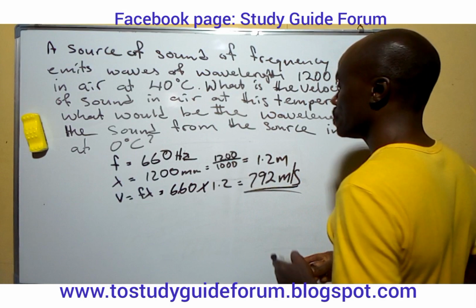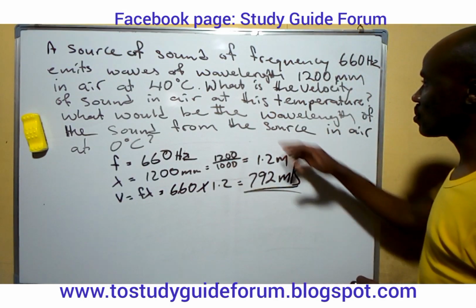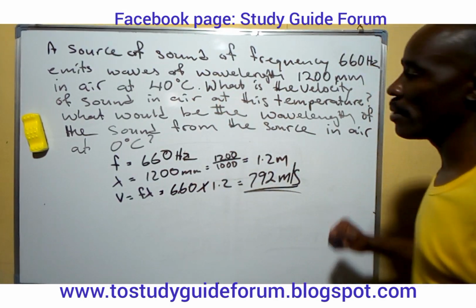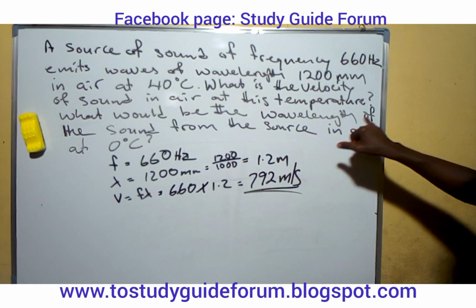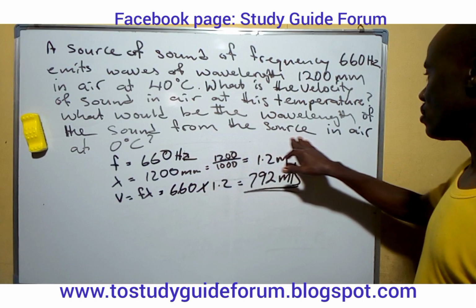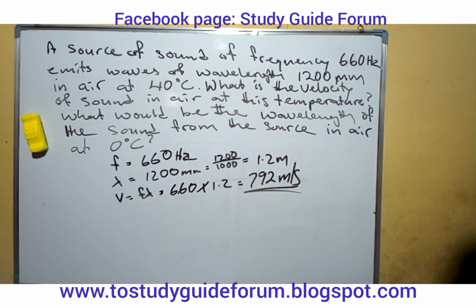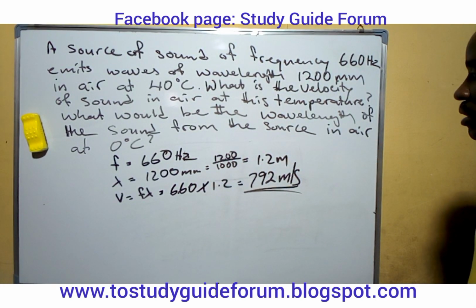This is the velocity. So now we've done the first question. Now the second one asks: what will be the wavelength of sound from this source in air at 0 degrees Celsius.